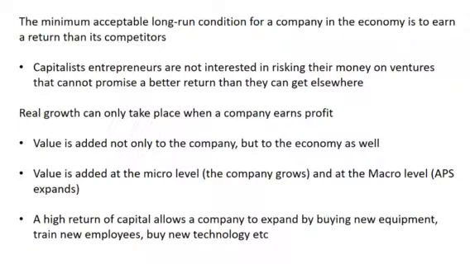So the minimum acceptable long-run condition for a company in the economy is to earn a return, and a larger return than its competitors, hopefully. So capitalist entrepreneurs are not interested in risking their money on ventures that cannot promise a better return than they can go and get elsewhere. So that's the key.